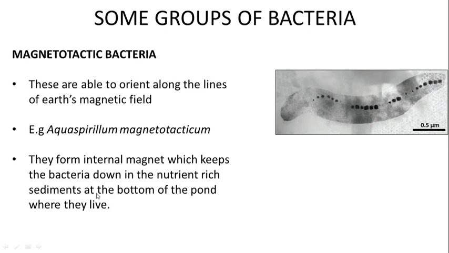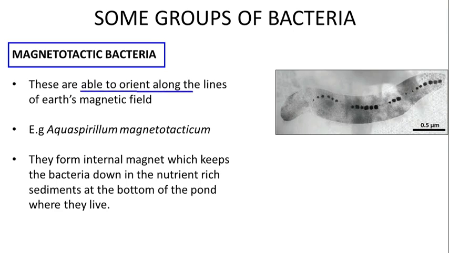The next interesting bacteria present on our planet are magnetotactic bacteria. As the name suggests, magnetotactic means something related to magnets. In these bacteria, it's a very interesting phenomenon that they can even orient along the line of Earth's magnetic field.